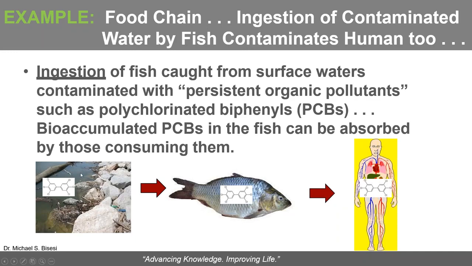Contaminated water, well, if we drink that contaminated water, that would be direct exposure. But if we consume fish that became contaminated by virtue of living in the water, and I show a congener of a polychlorinated biphenyl structure here, which is highly fat absorbable, the fish from this water can absorb it in their tissues by virtue of being lipophilic or fat soluble, and humans consuming this fish, it can become easily absorbable and therefore systemic and result in adverse impacts to the individual exposed.